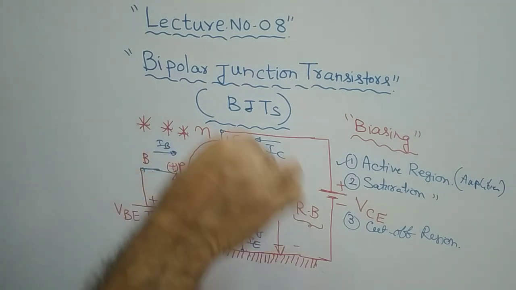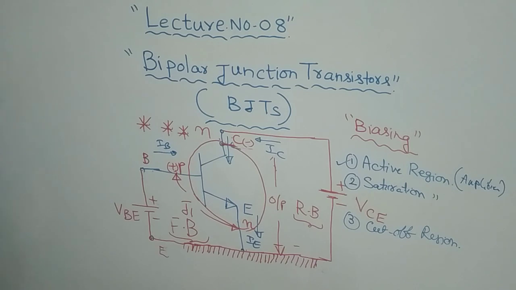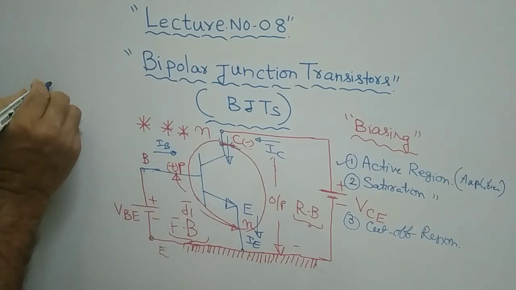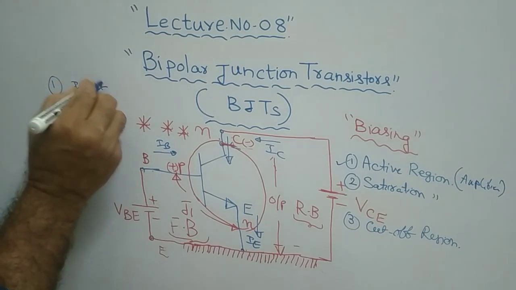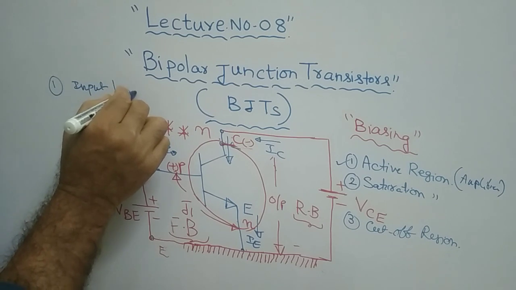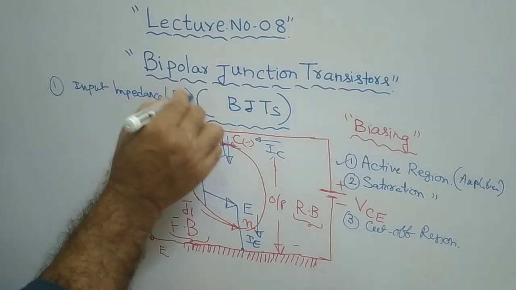For any amplifier circuit, normally there are four parameters to be considered very importantly. The first one is input impedance, which we will see in the next presentation, denoted by capital R suffix i, where i stands for input.